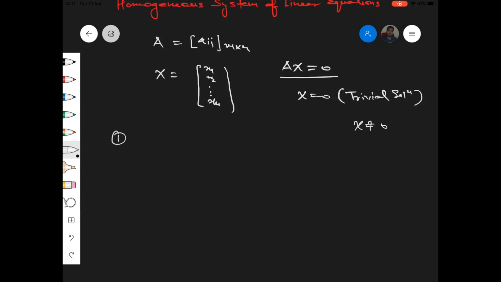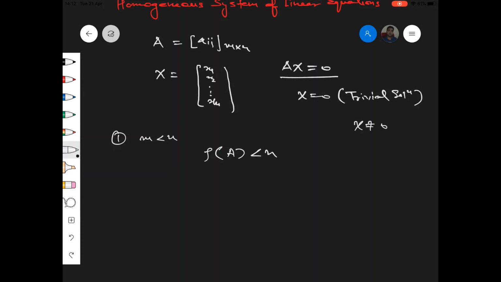Suppose m is less than n. So in that case, rank of A will in general be less than n.